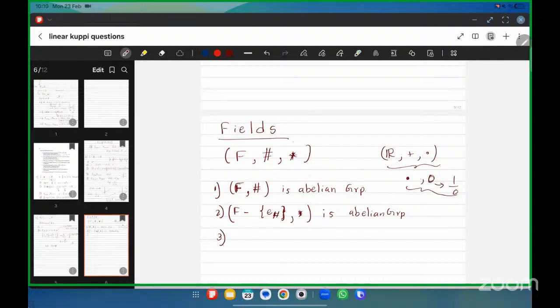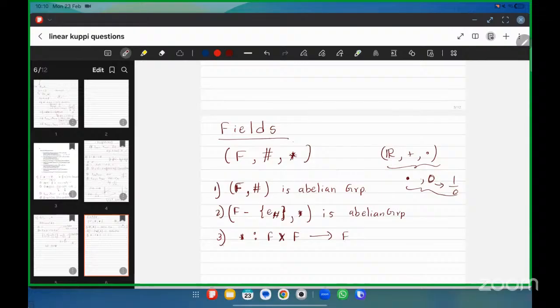and the third condition is, if we look into the star, it should be a function. So in the second condition, we neglected the E sharp. For the third condition, we are including the E sharp also, the identity element of sharp also.